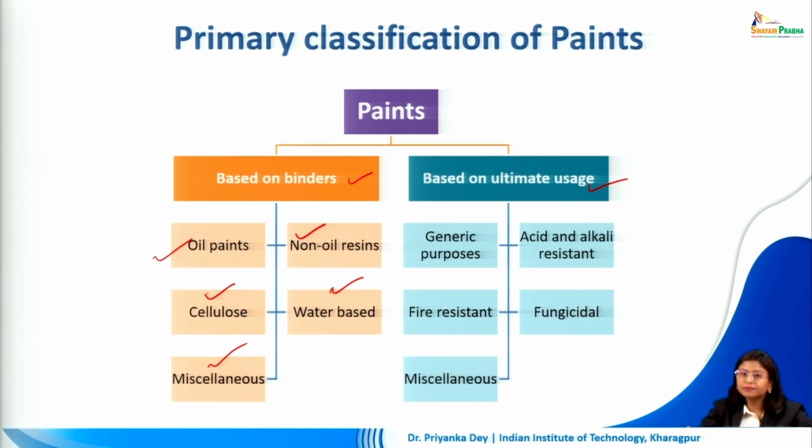Now, if we are classifying on the basis of ultimate usage, they could be for generic purposes, they could be acid and alkali resistant, fire resistant paint, fungicidal paint and other miscellaneous types of paints based on the usage or application.